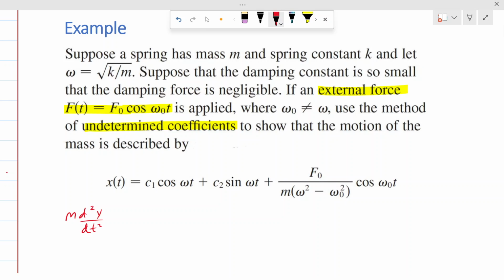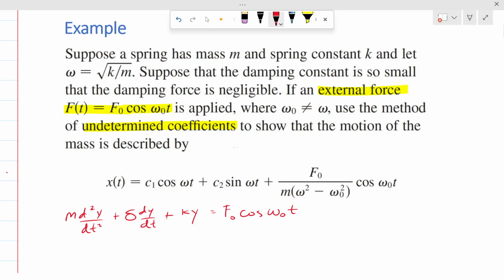It's mentioned here that the friction is negligible, so you don't have to include this expression; the constant times dy dt, proportional to the velocity, is zero or negligible. I just write it down for completeness, plus the spring force, k times y, equals an external force F naught times cos omega naught t.